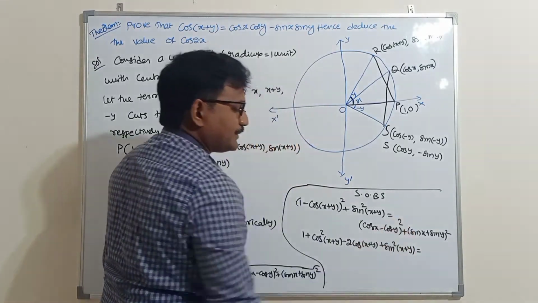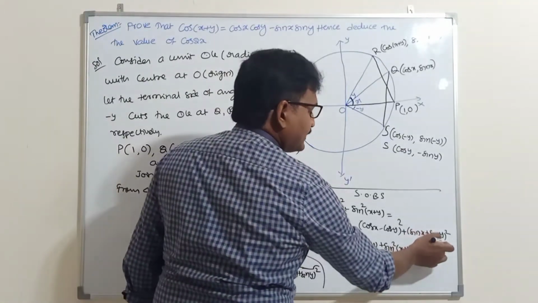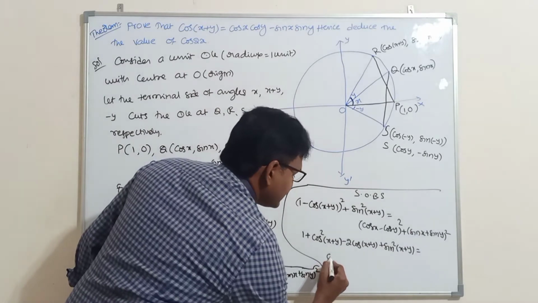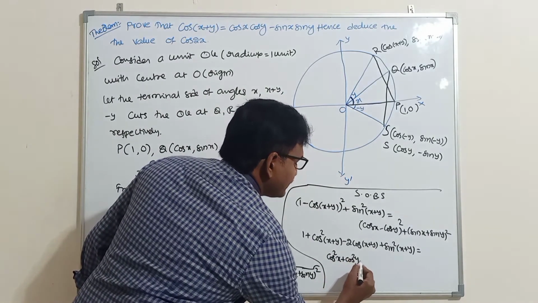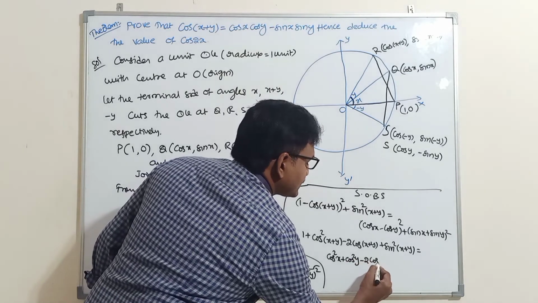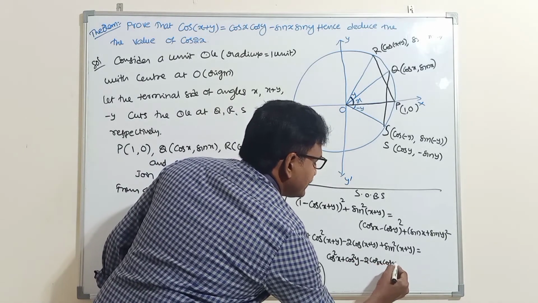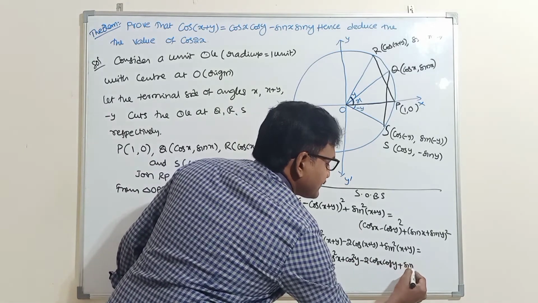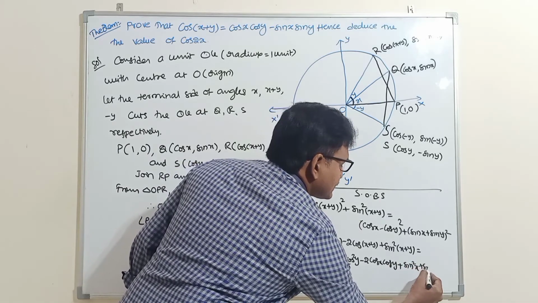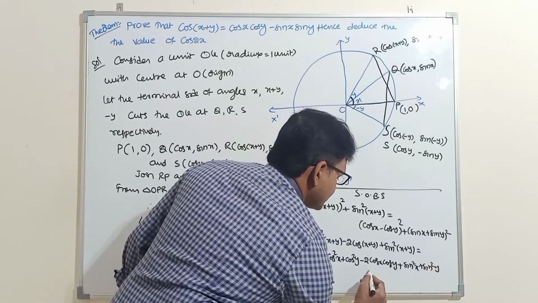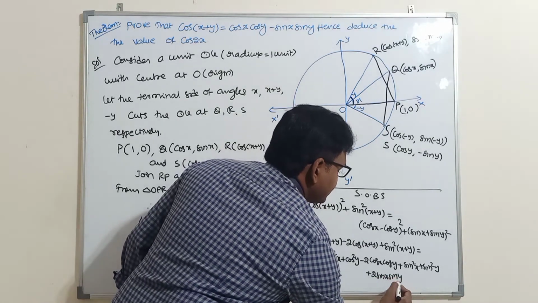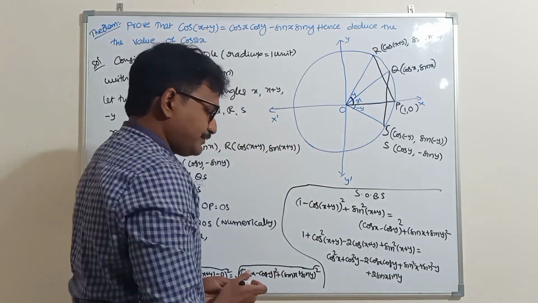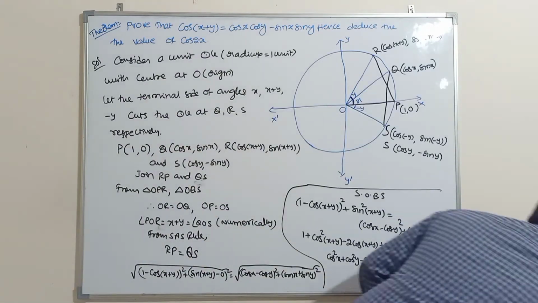This is also in the form of (a minus b) whole square, and this is in the form of (a plus b) whole square: cos square x plus cos square y minus 2 cos x cos y plus sin square x plus sin square y plus 2 sin x sin y.